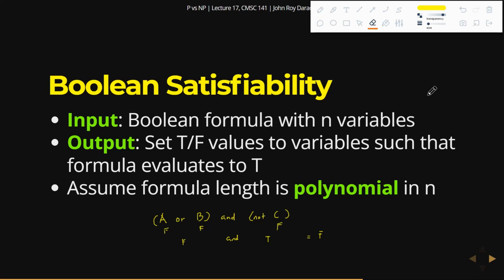Okay, what if we tried false, false, true? If that's false, false, true, this is false or false. This becomes false, and not true is false. False and false is false as well. So how about if we change this one?